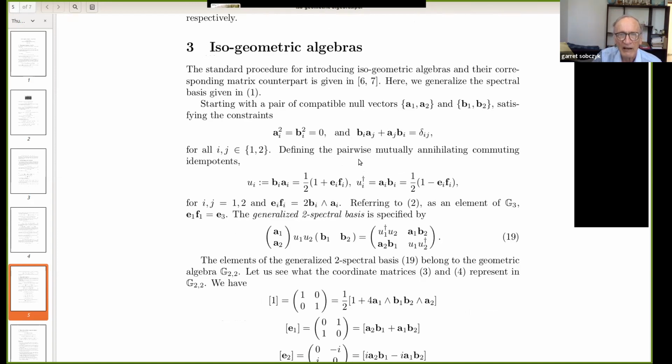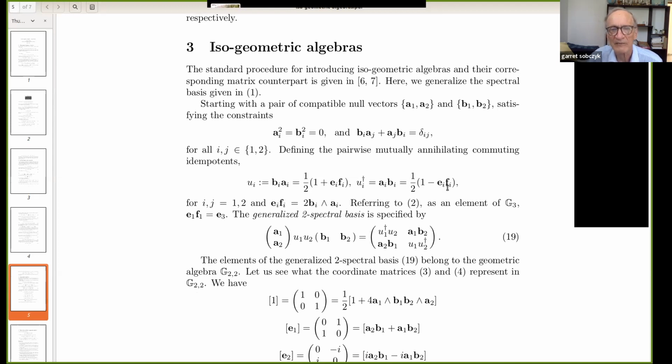Now again, we define the corresponding mutually annihilating idempotents as UI equal to BI times AI. If you write that in terms of the bases EI and FI, it's 1/2 (1 plus EI times FI). And UI transpose, well, reverse, we're just changing the reverse of the geometric product here, so we get 1/2 (1 minus EI times FI).